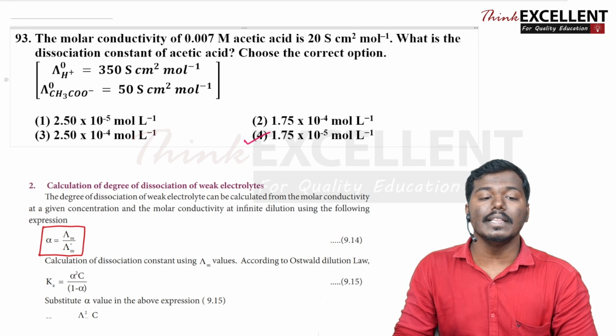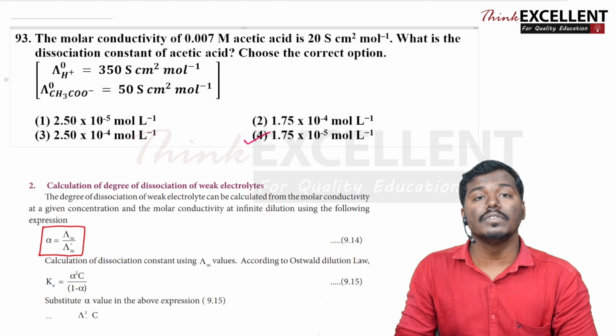And you can see that in the bracket the molar conductance of this H plus ion at infinite dilution, that is 350 Siemens centimeter square mole inverse கொடுத்திருக்காங்க, as well as the molar conductance at infinite dilution of this acetate ion, it is given as 50 Siemens centimeter square mole inverse.